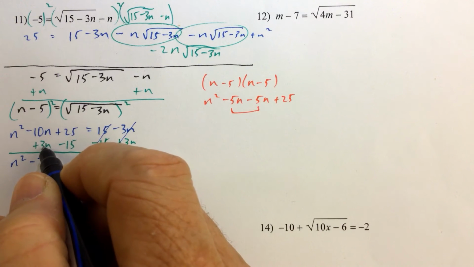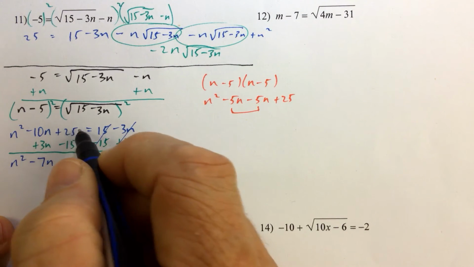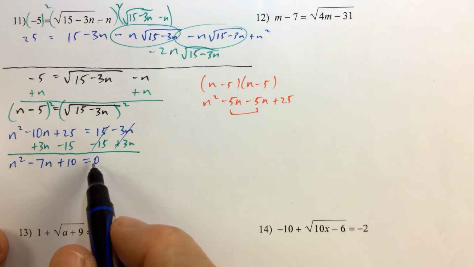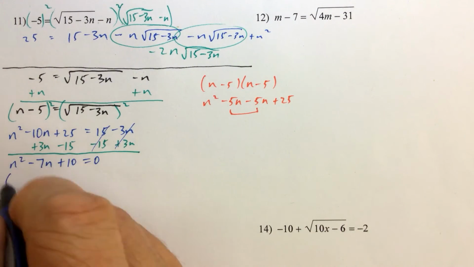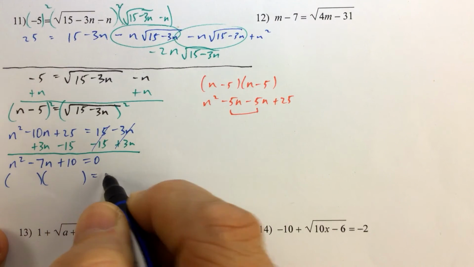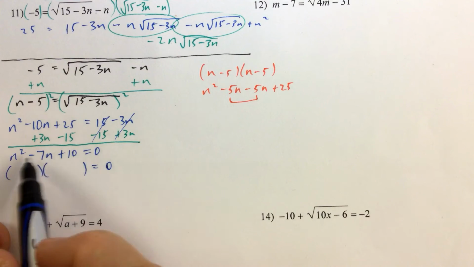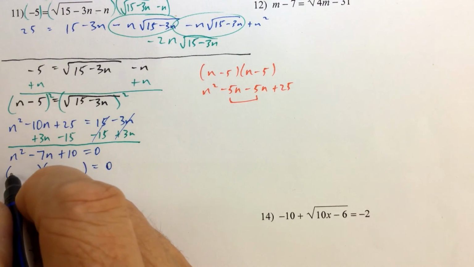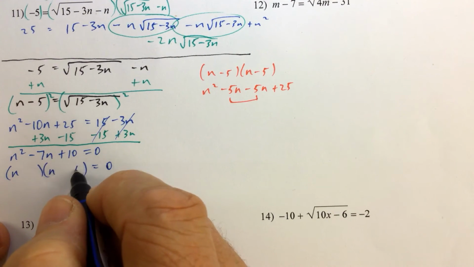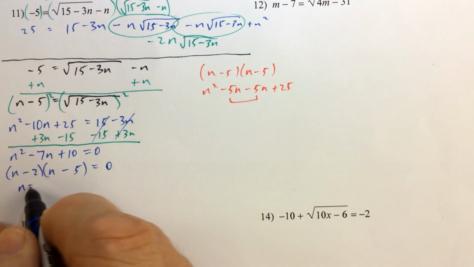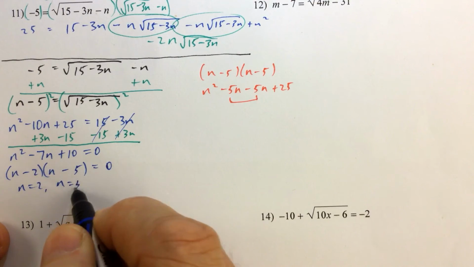Negative 10n, positive 3n, that's negative 7n. 25 minus 15 is 10. Again, quadratic equation, gathering all the terms to one side. We have a trinomial, which means if it does factor, besides a GCF, which we have only a GCF of 1, it will only factor using the FOIL method. And we can see we have n minus 2 times n minus 5. So here, n equals 2, n equals 5.